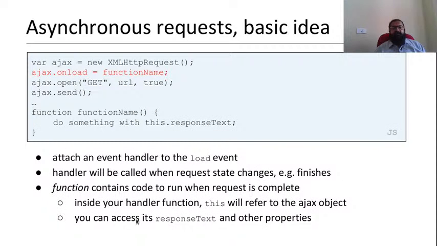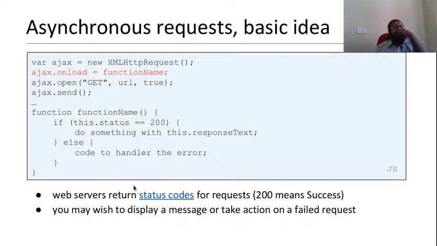As we mentioned, inside your handler function, this will refer to the Ajax object and you can access the response text and other properties when the request is complete. So over here we have something like: if this.status is equal to 200, do something with this.responseText, else code to handle the error. So this is how a general Ajax request works.